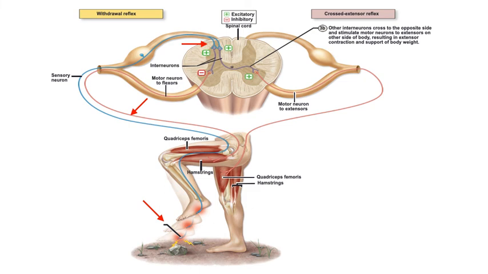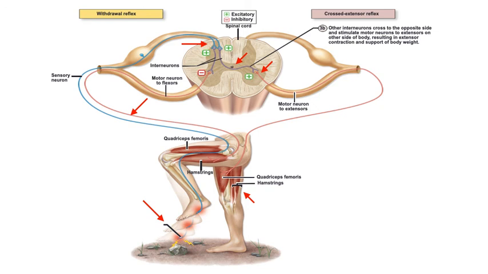In this case, we're going to have an interneuron that is going to cross to the other side, and it is going to stimulate a motor neuron that's ultimately going to cause the extensor muscles on the other side of the body to contract. What that's going to do is help balance and support the body weight.